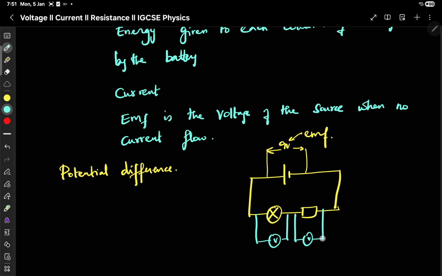Let's take this as 1 and 2. Voltage drop across 1 and voltage drop across 2 will be equal to 9 volt.